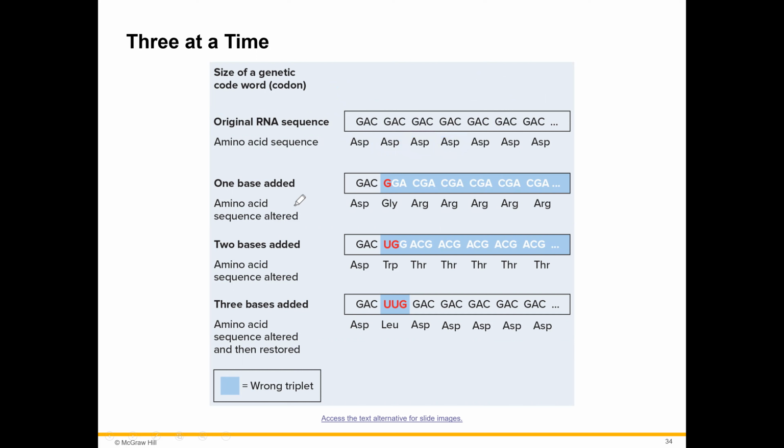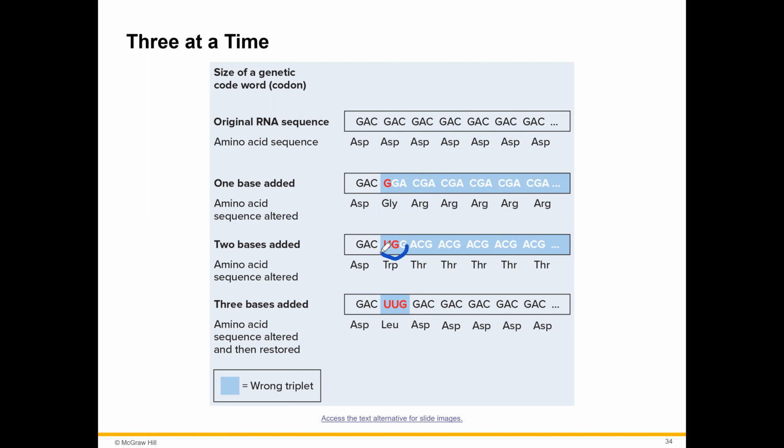Now let's see what happens if we insert an extra nucleotide over here, because we read it in letters of 3. If we insert one extra, then we're going to alter the amino acid sequence after this insertion.